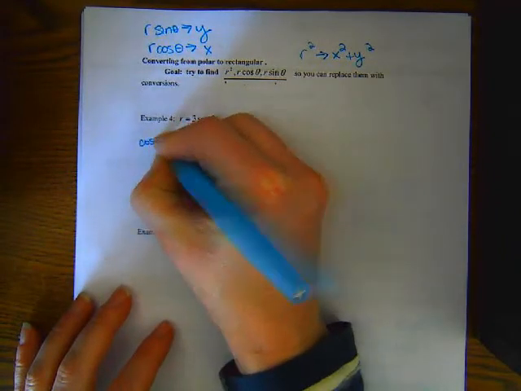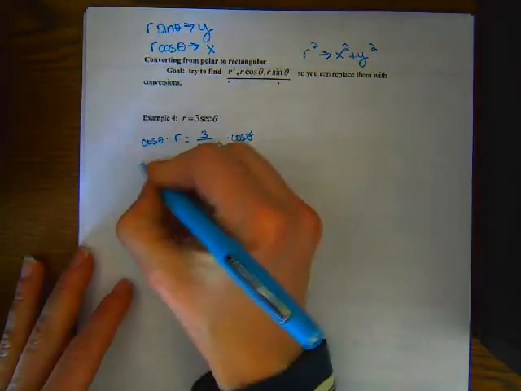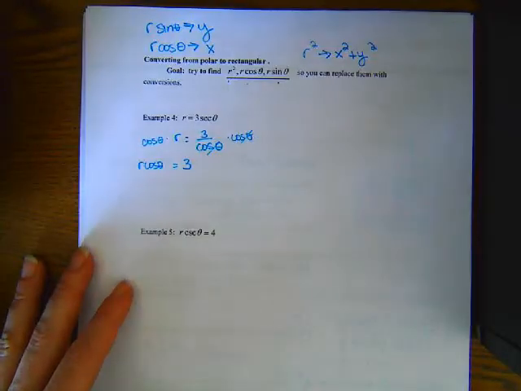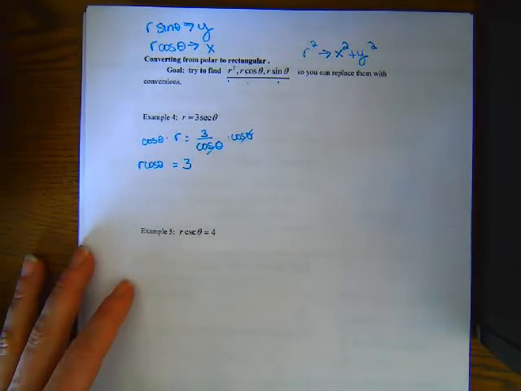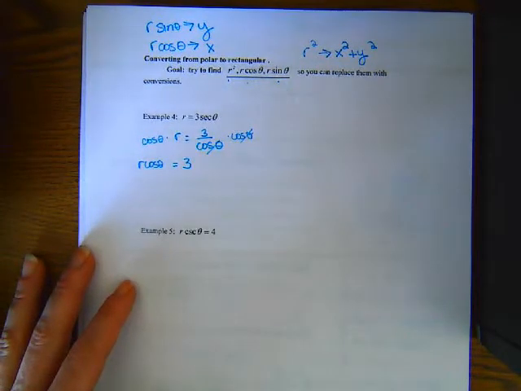Still don't have anything I can use, but I notice if I multiply both sides by cosine of theta, then the cosine thetas cancel out on the right side, and I have r cosine theta on the left side.